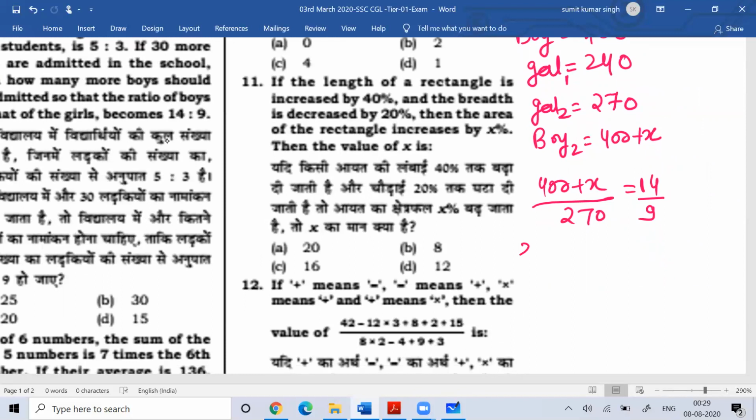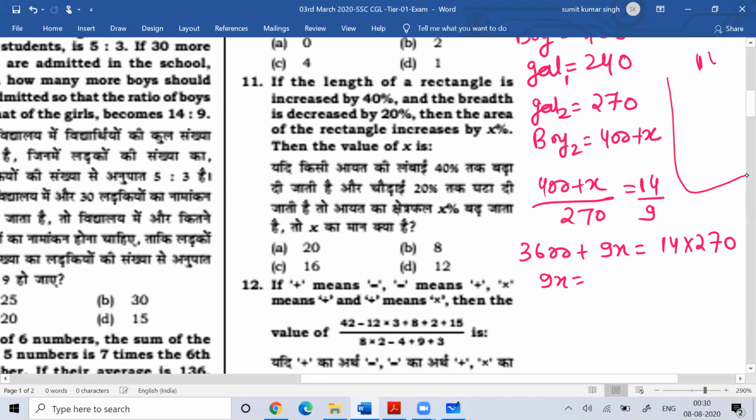So this is 3600 plus 9x is equal to 14 into 270. So 9x is equal to 14 into 270, 14 sevens are 98, 14 twos are 28.